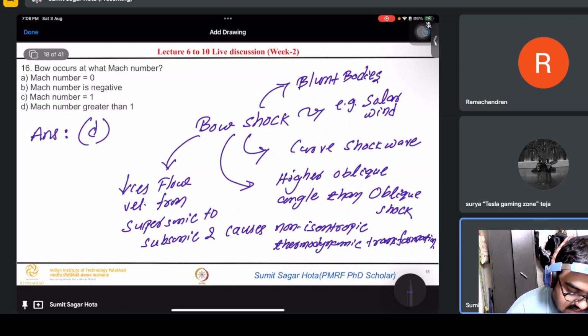When there is an increase in temperature, the solar wind comes, and when it touches the Earth's surface, which is obviously a kind of blunt body, a shock wave forms. Those kinds of shock wave formations are called bow shocks.